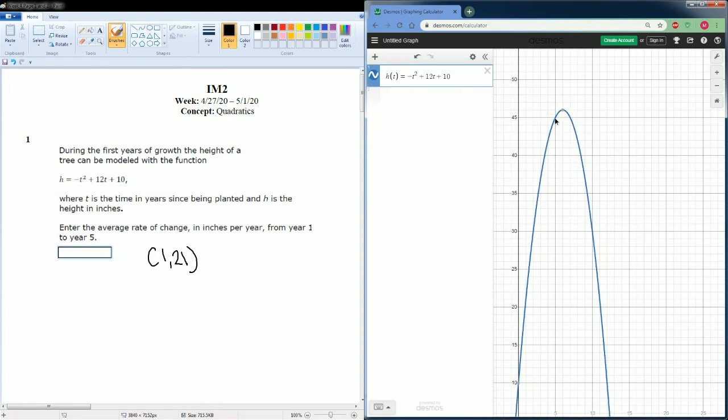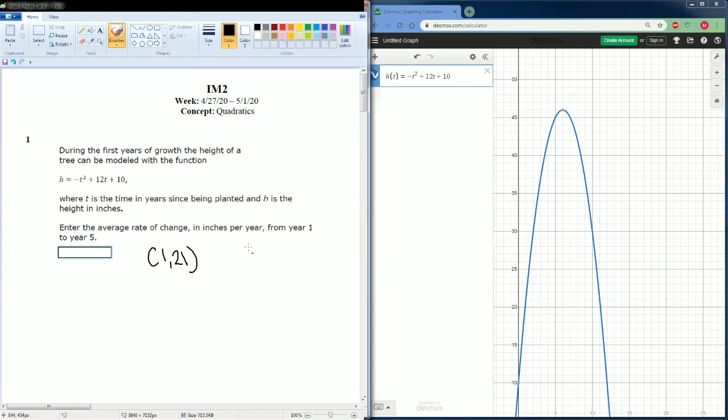Nope, that's year 6, year 4, year 5 is at 45. Yeah, at year 5, it is at 45.